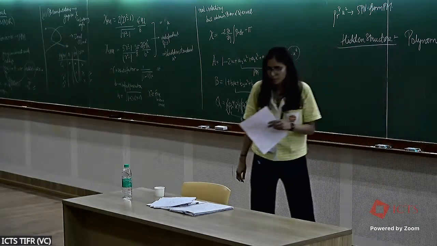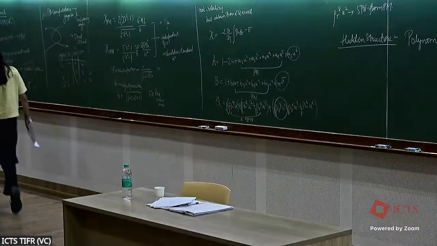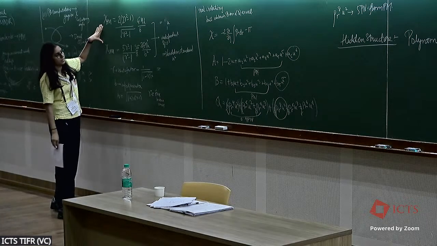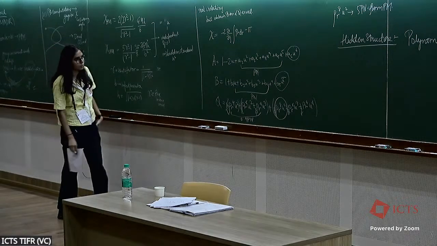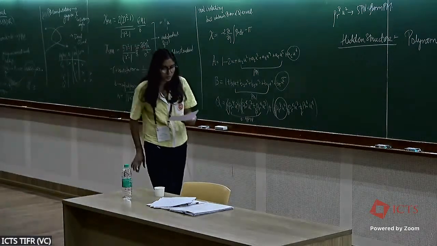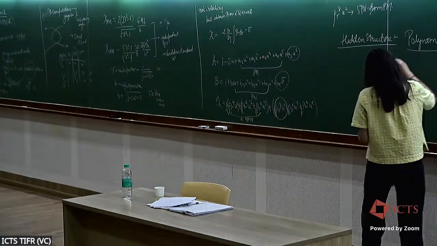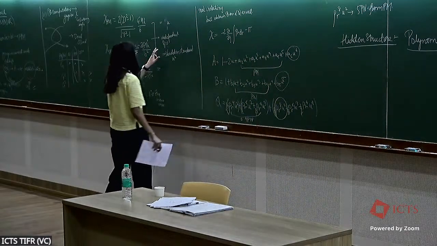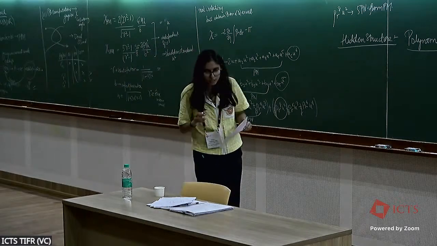Polynomiality in symmetric mass ratio nu, because that's what we were considering. It was a polynomial in nu, where this was linear in nu, this was 0, this was also linear in nu. And similarly, it's independent of nu, so it's a 0 order term if I consider some polynomial in nu. So the statement of this hidden structure, or polynomiality in nu, says that the scattering angle cannot be an arbitrary function of nu, but it has to depend on some structure.